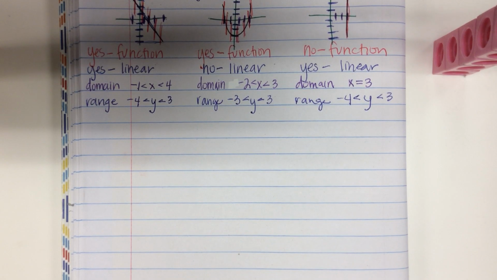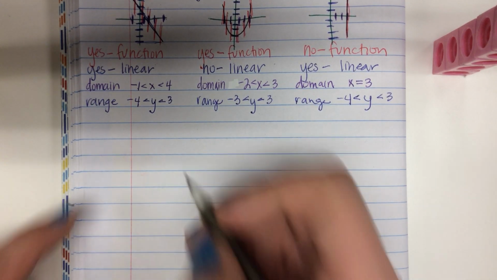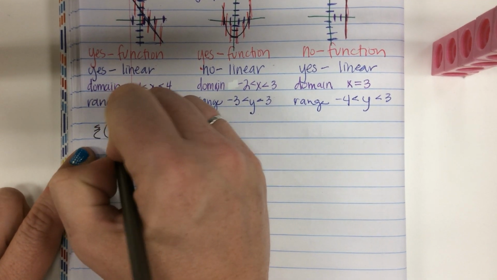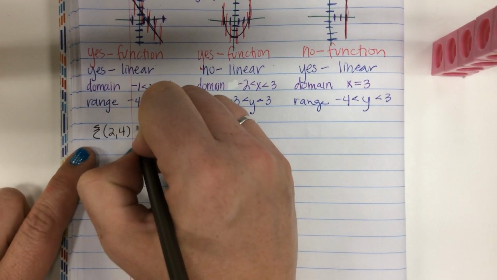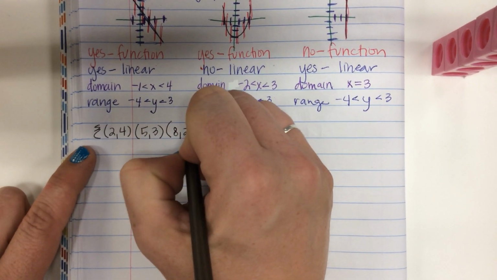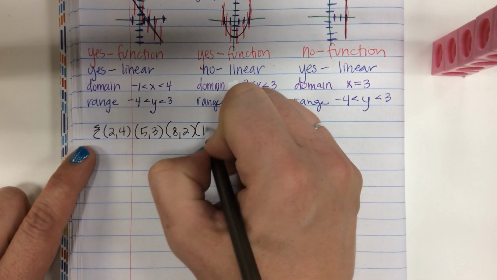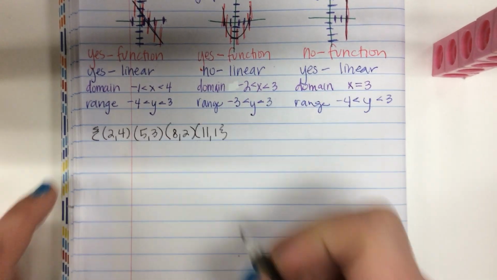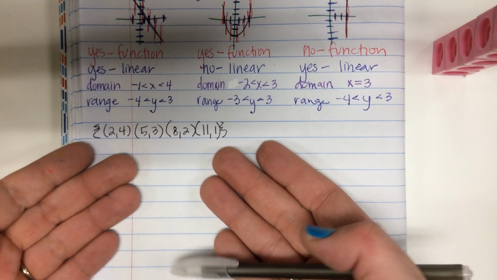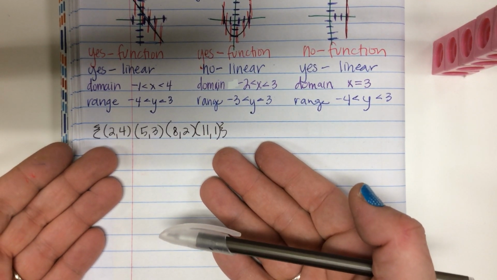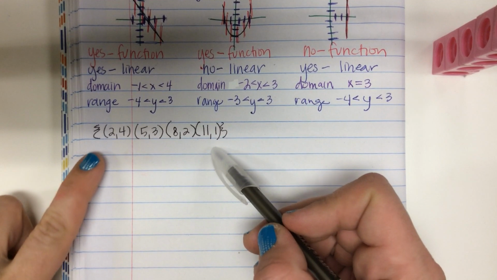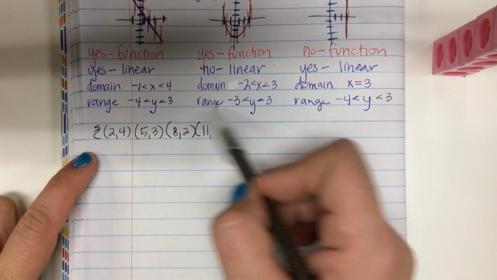So if they give you a table, or maybe they give you a relation, so here's a relation. How do I know if this is linear? How can I tell if this relation is linear?